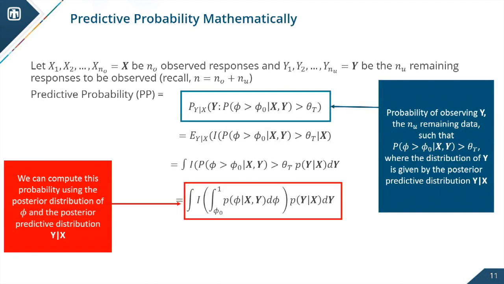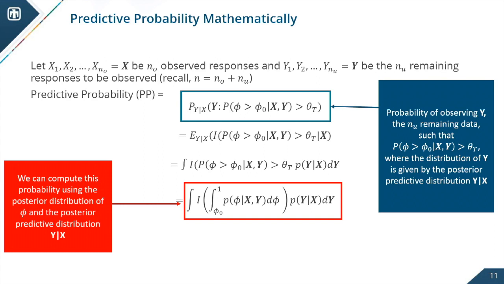All right, so these are the only equations I have on my slides. For those of you who are mathematically inclined, this is the actual formal definition of what predictive probability is. Suppose the data you actually observed, your first n sub 0 observations, let those be x, and then the remaining observations that you planned on collecting but have not yet collected, let those be y.